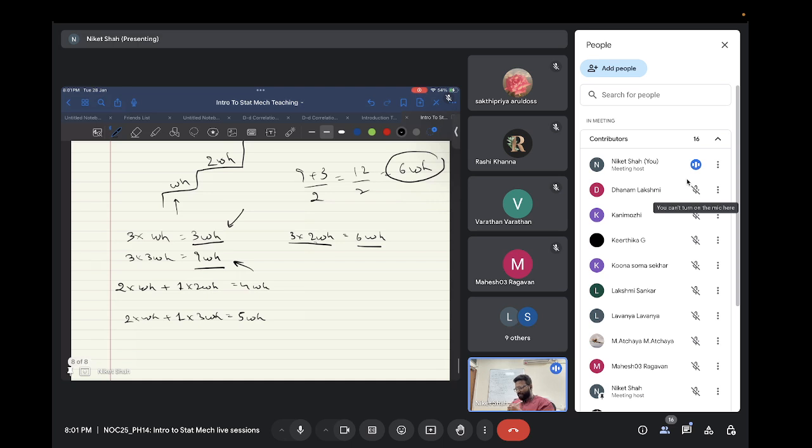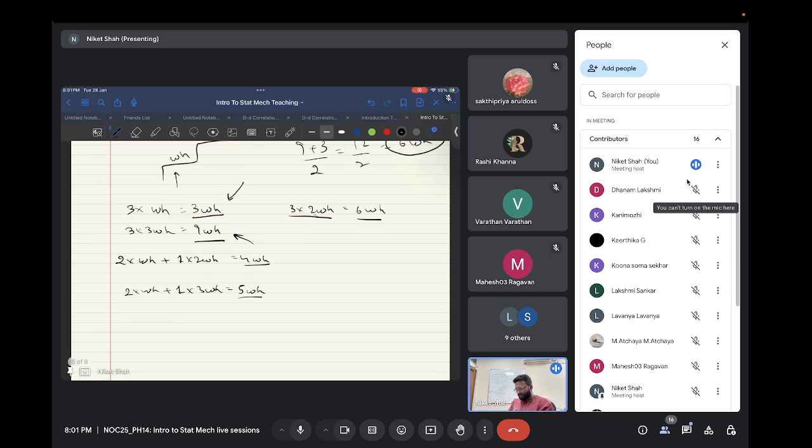So I said 2 in step 1 and 1 in step 2, 2 in step 1 and 1 in step 3. That is 4WH, 5WH. Now let's change. 2 in step 2 and 1 in step 1. This gives 5WH again. 2 in step 2 plus 1 in step 3: 4 plus 3, 7WH.